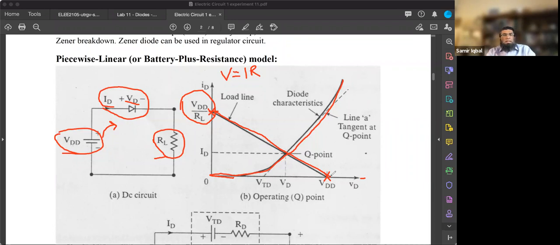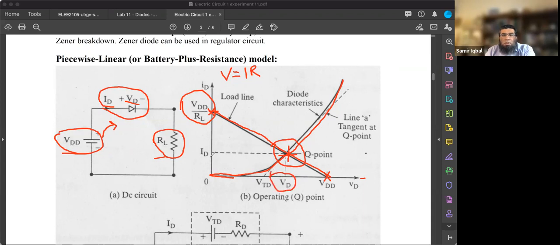It cannot go anywhere apart from that. And this gives us a point, what we call the Q point, the operational point for a diode, because the current cannot possibly go above that. So this is the point at which the diode will be operating.